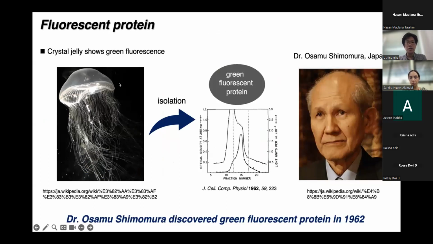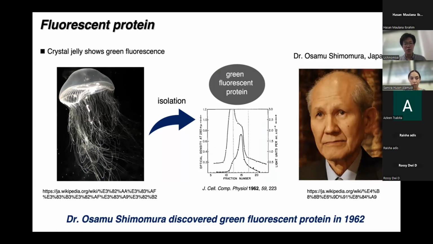Okay, so fluorescent protein was first discovered by Dr. Osamu Shimomura. It is known that the crystal jelly shows green fluorescence. He was interested in this fluorescence and wanted to know which protein shows it.